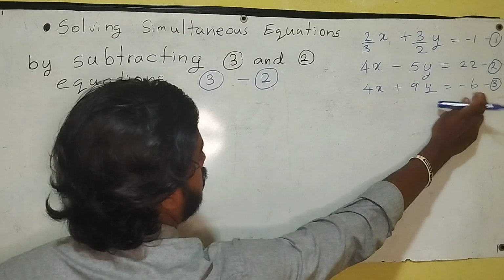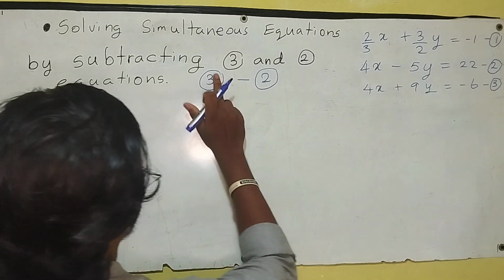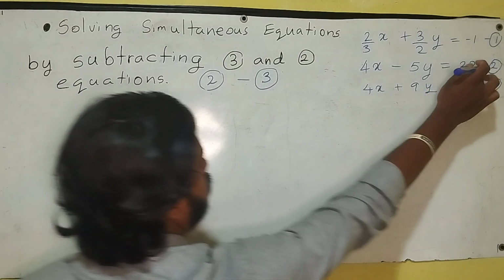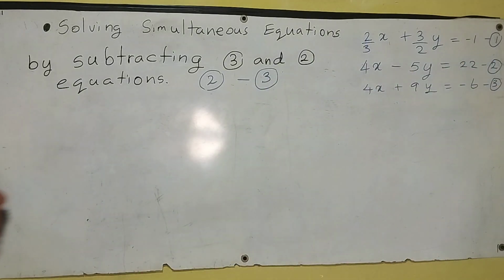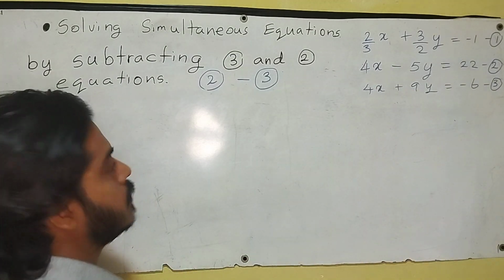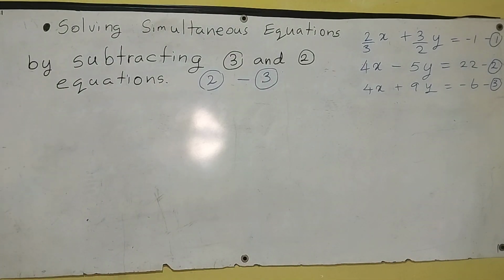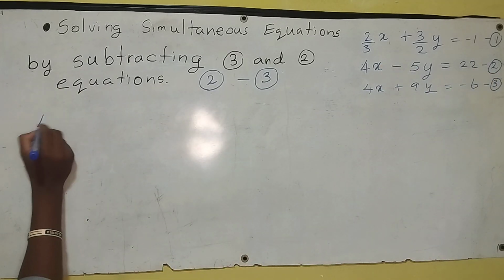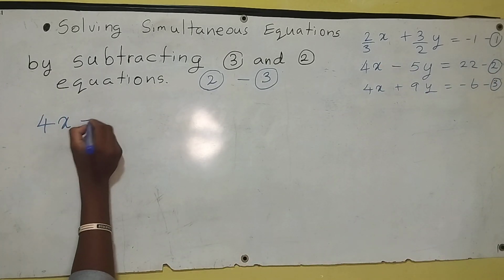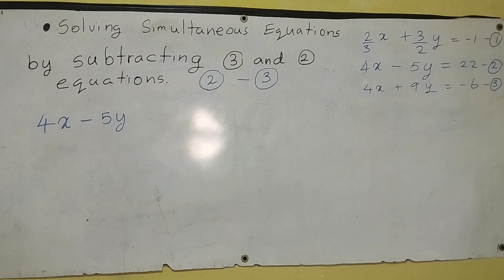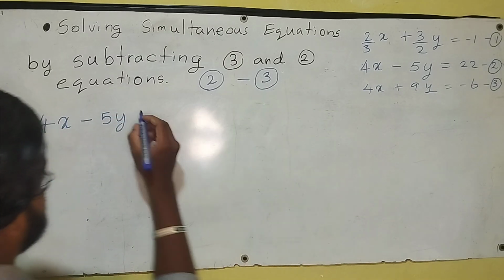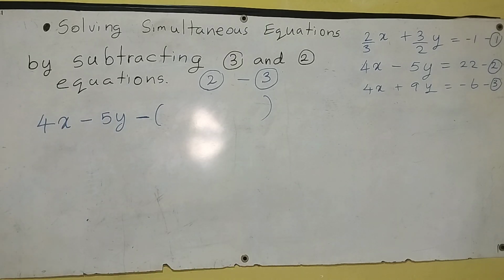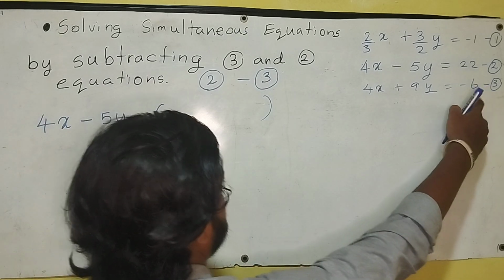Now, what is the third? No, 2 minus 3. Also we can use 3 minus 2. It is not an issue. This is our second equation, 4x minus 5y, minus the third equation. Put the minus as well as write down brackets.